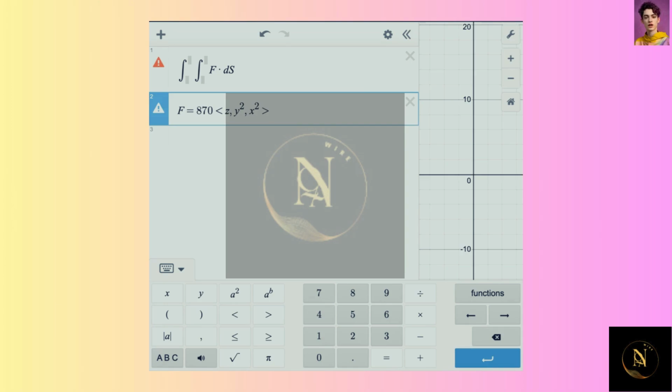And then if we want to parametrize this surface in terms of cosine, how we can do this is r(u, v) will then become the vector (2 cosine u, 2 sine u, v).